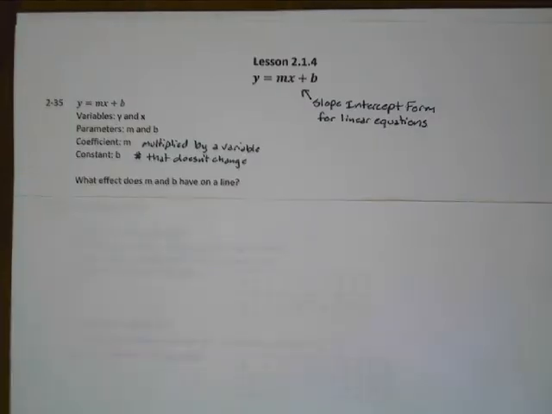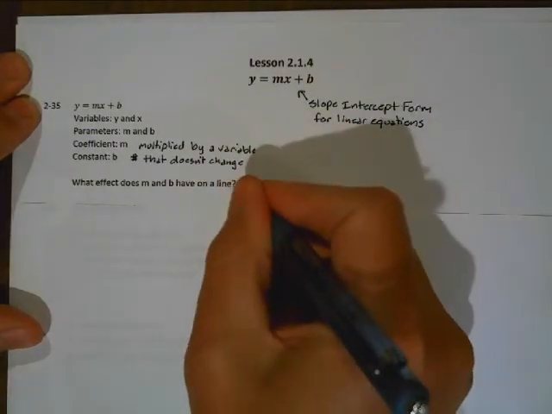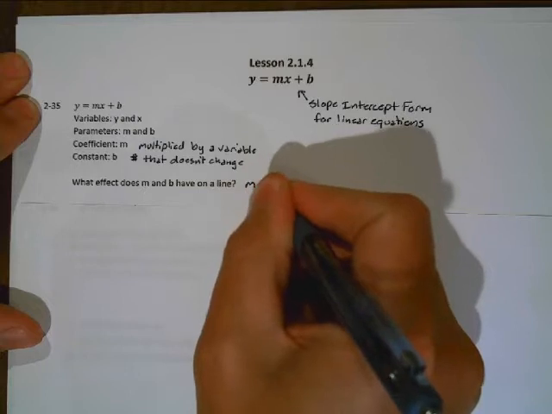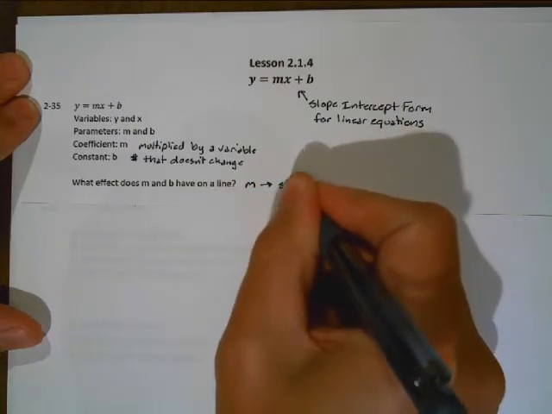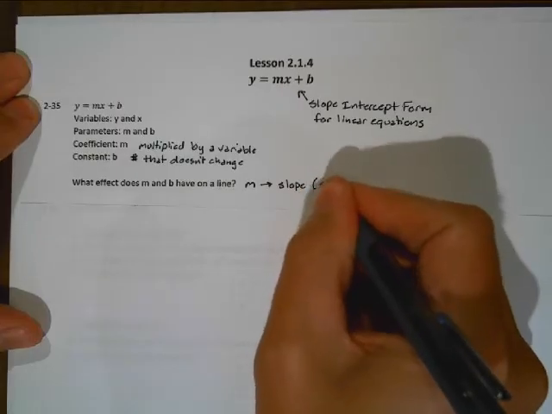Okay, so what effect does m and b have on a line? Well, we said m was its slope. So m is the slope, and it tells how steep the line is. And we said that slope was steepness.